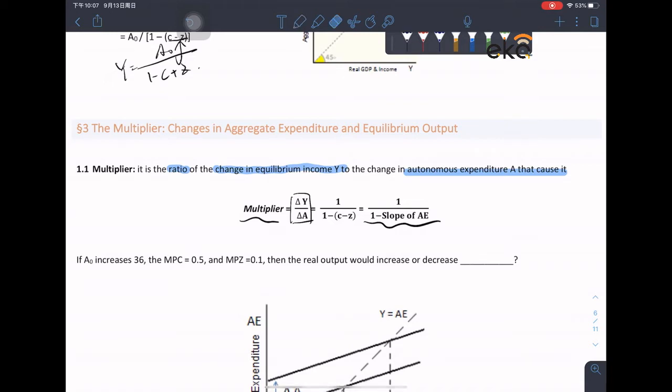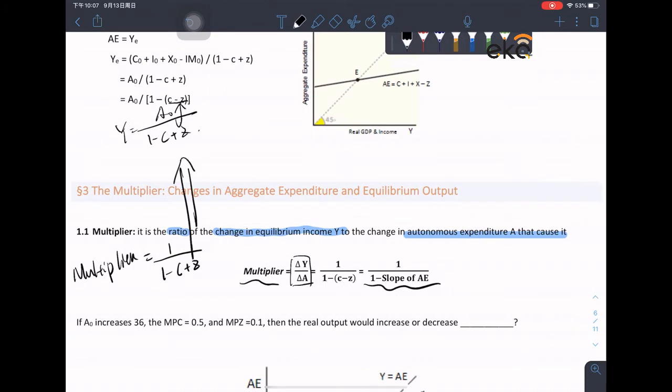Multiplier equals 1 over 1 minus (C plus Z), from this equation right here. This can actually be written as 1 over 1 minus (C plus Z) times A0, okay?